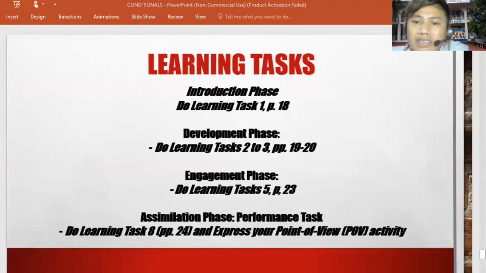Basically, you're just going to choose the letter of the correct answer. You can just write the letters of your answer. There's no need for you to rewrite it. But if you're using Microsoft Word, you can copy and paste it there, and then just highlight the letter that you pick for each number.